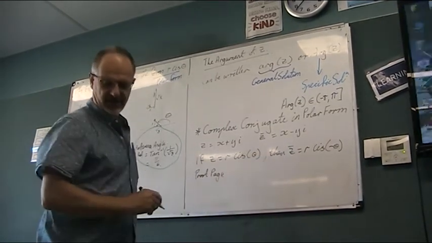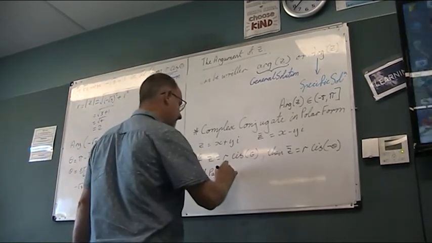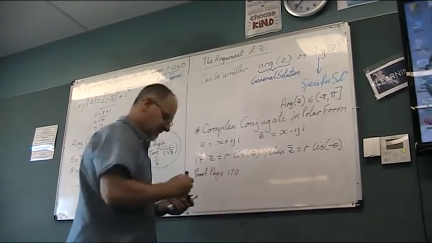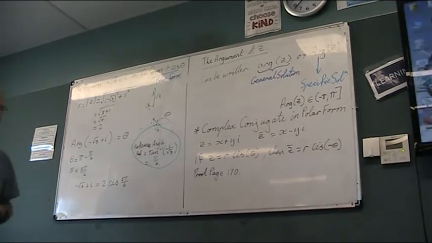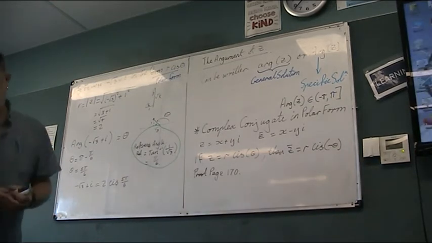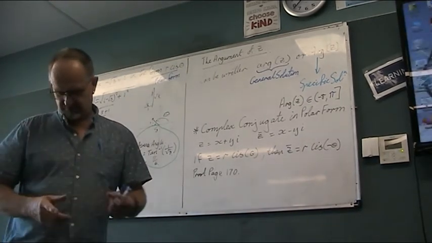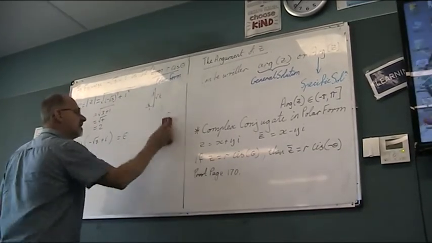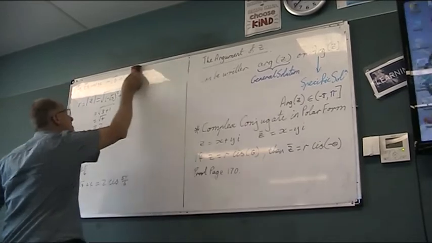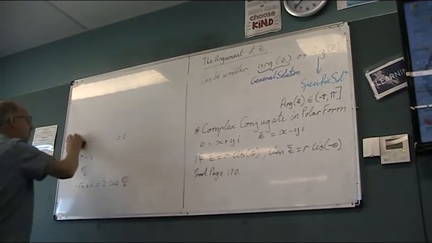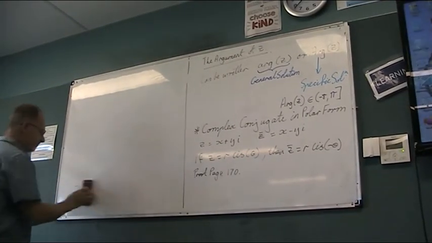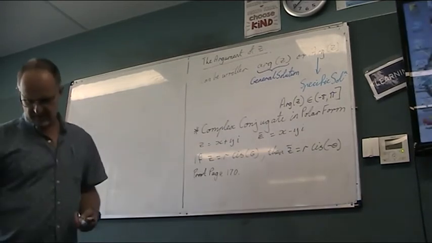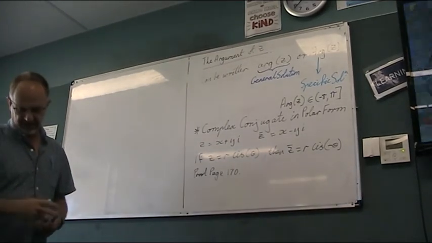it's on page 170 of your text. You can have a look at that. All right. So it's pretty simple to find our complex conjugate if we were already in polar form. So an example.